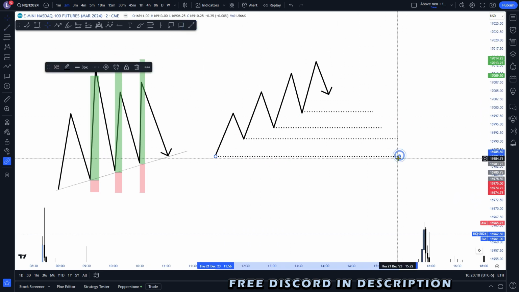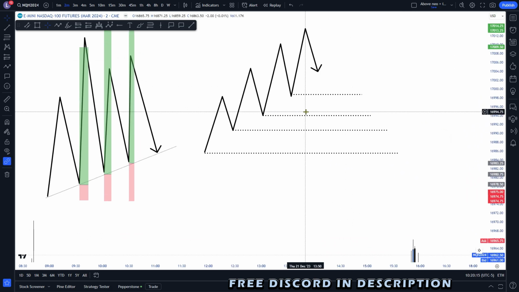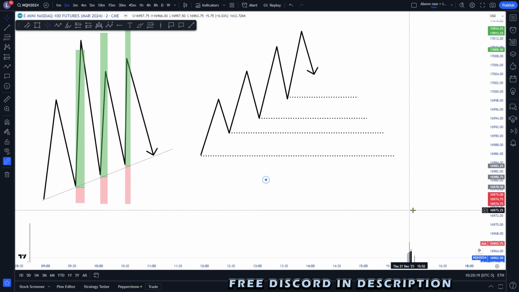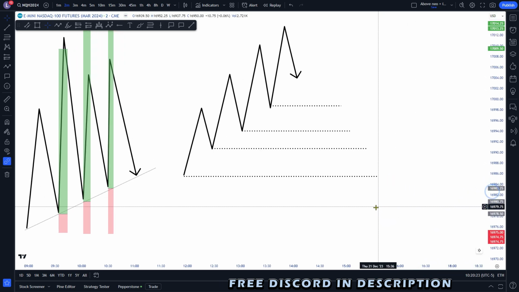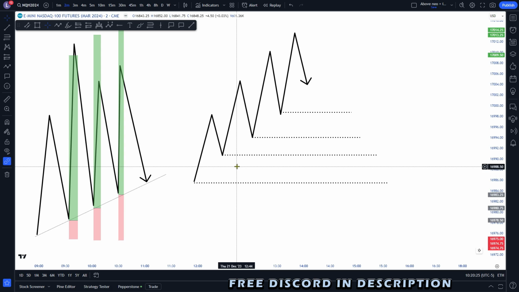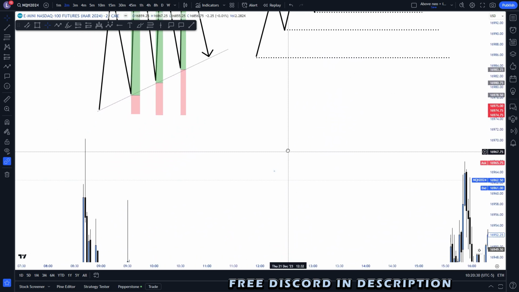So here are lots of different liquidity points in the market. Now these swing highs and swing lows are mainly where we will be looking to take our profits or take our partials in the market. This is where you're going to want to place most of your take profits, at these swing high and swing low points.